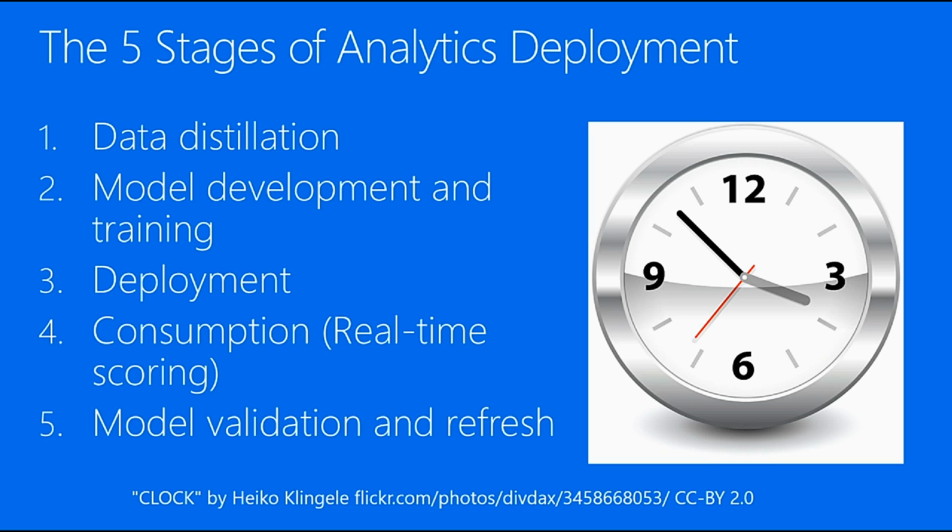Once we've generated those scoring rules, we need to deploy them into some kind of real-time system where we can plug in data that comes from an action and generate that recommendation in real time. And that becomes real when somebody actually consumes the results from that scoring model, when they interact with an app or a website that has predictive analytics built in.